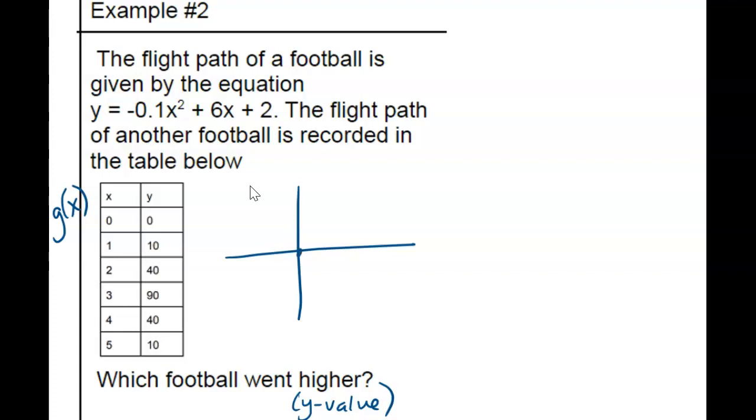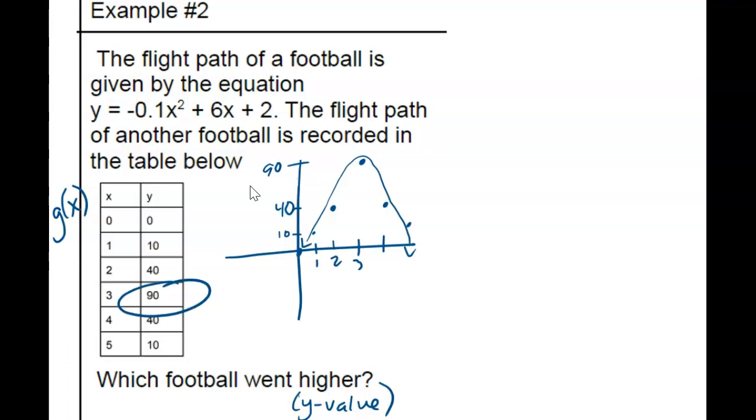So if I got 0, 0, I've got 1, 10, 2, 40, 3, 90, then 4, 40, and 5, 10. So it looks like this. And we can only use the information based on a table. So the highest it looks like is 90.